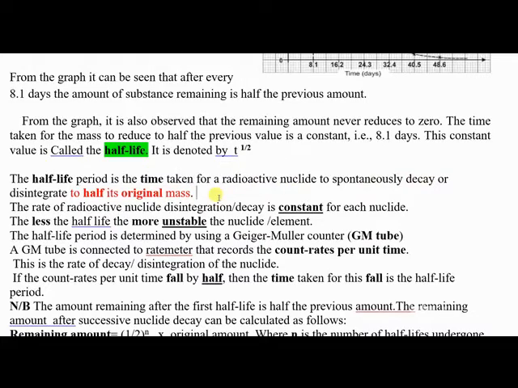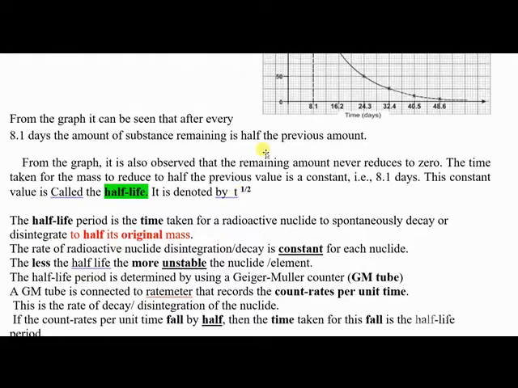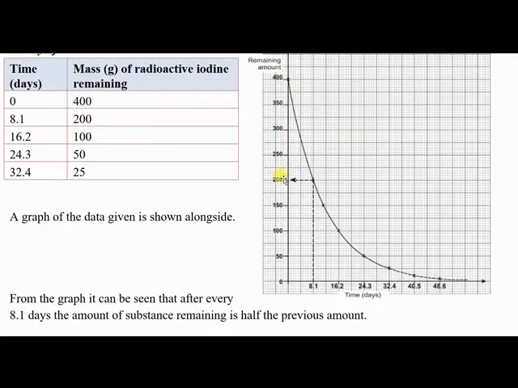Please make sure you repeat severally and understand that. What is a half-life? The time taken for a radioactive nuclide to decay to half its original mass. So look at this, from 400 to 200, that's one half-life.